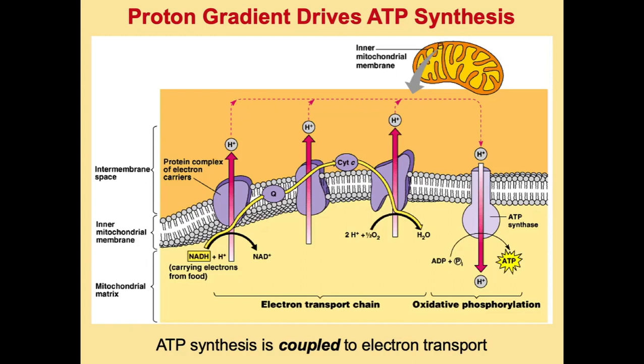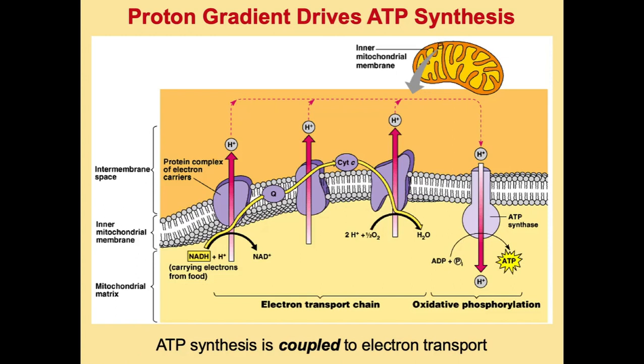As these protons are pumped out, we then create what's called a proton gradient, and it's this proton gradient that drives ATP synthesis. The protons are positively charged and they will build up in the intermembrane space. Then there's a specialized protein called ATP synthase here on the right, which allows the protons to flow back through into the matrix.